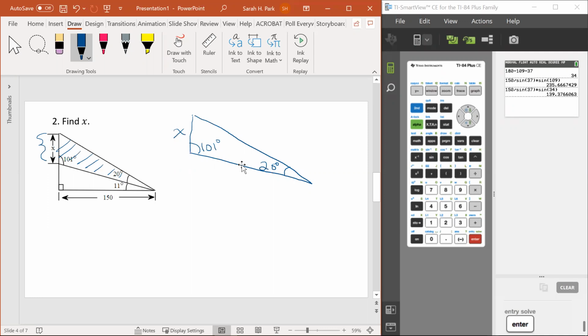Well, we can try to find this side right here, using our knowledge of right triangle trigonometry. We'll call this side C. To find C, we just consider this right triangle here.